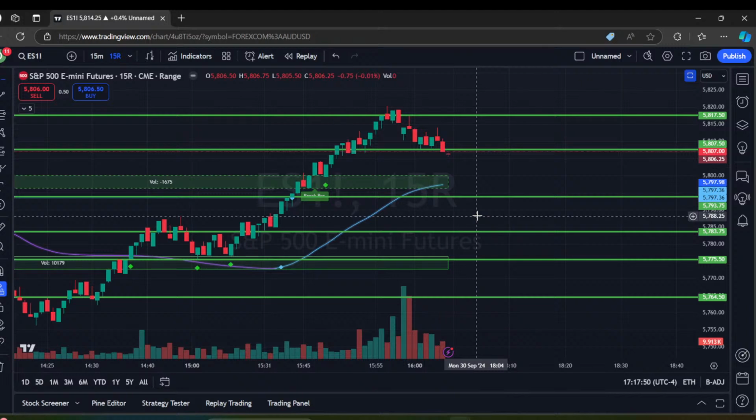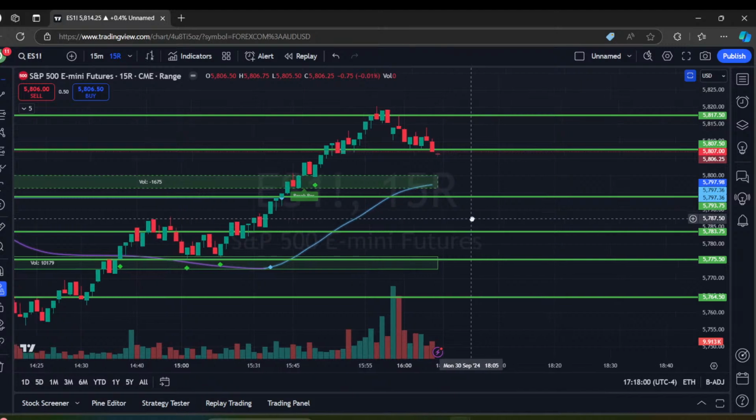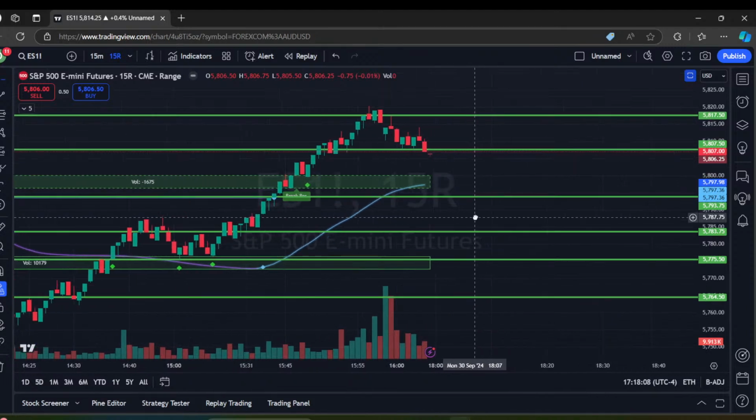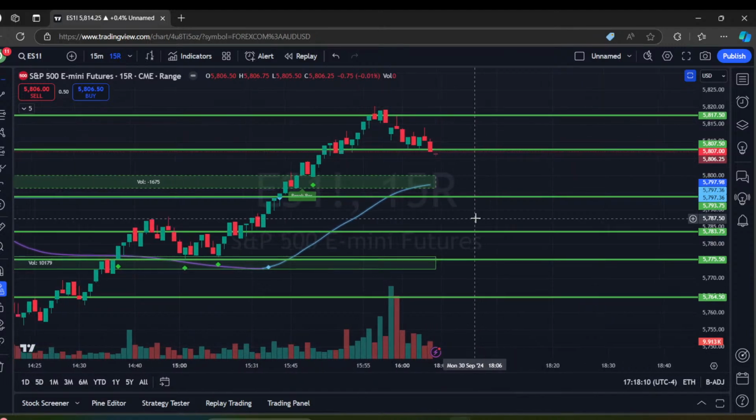So get a sense of what other people are doing with the software, because there's going to be a lot of interest. I'm sure there's going to be a lot of posts about how people are using level 2 data for level 2 trading with this new software that's coming out, with this robot that's coming out.